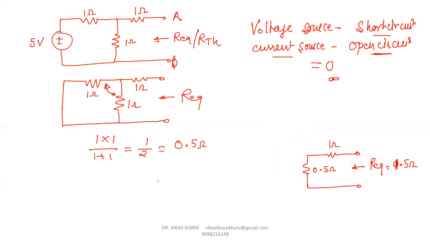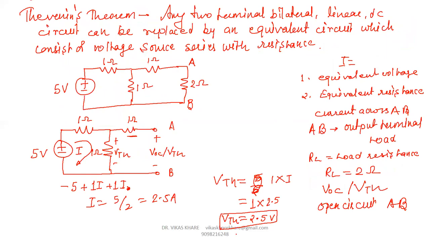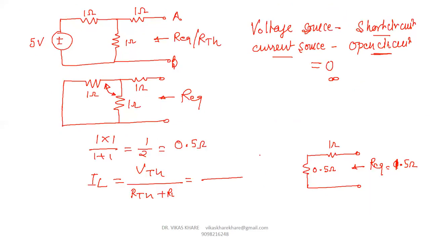So now we have the value of equivalent resistance and the value of equivalent voltage. Now we identify the load current. Then what is the meaning of load current? The current across the AB terminal. So the current across the AB terminal, or load current, is given by Thevenin's voltage divided by Thevenin's resistance plus load resistance. In our last slide, we identified the value of Thevenin's voltage as 2.5 volt.